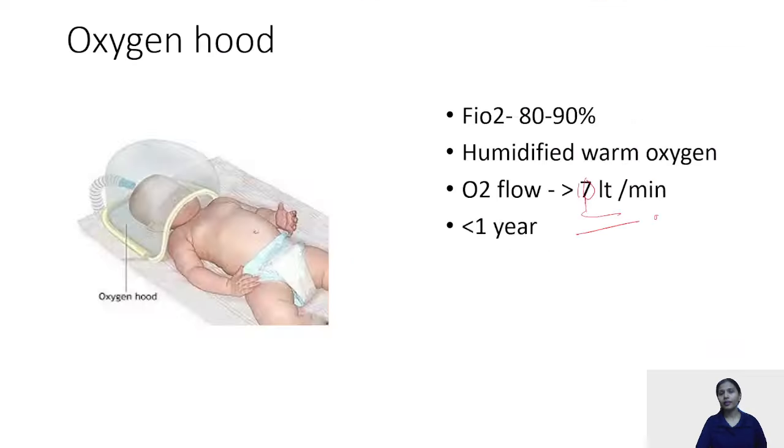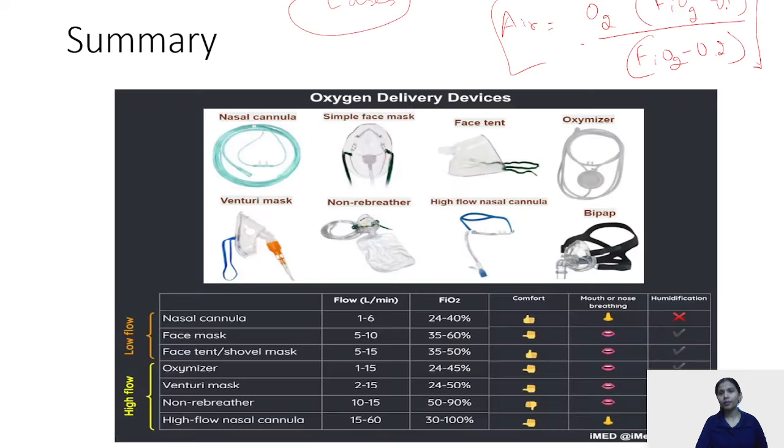I'm extremely sorry, it was 1 minus FiO2. That is the main reason why revisions are required again and again. So the air entrained is equal to the oxygen flow from the wall times (1 minus FiO2 that we want to deliver) upon (FiO2 minus 0.2).